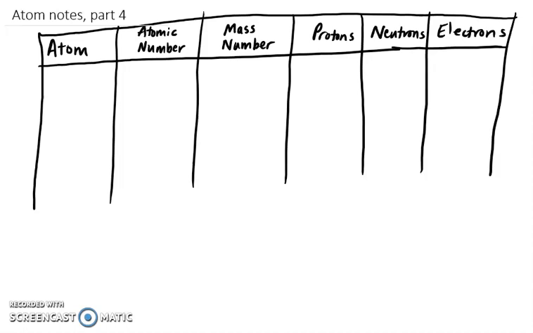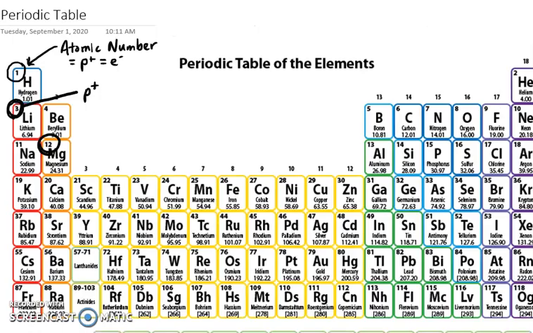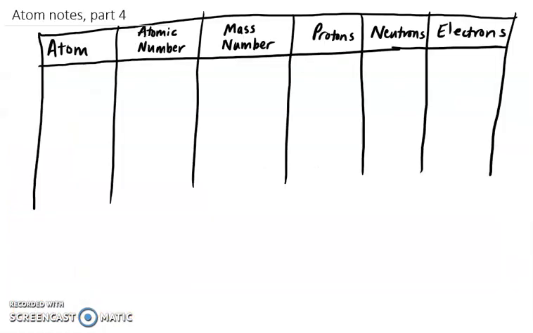Let's say I were to give you the atom, let's look at our periodic table. Let's do P31. Now remember, we learned this notation the other day. P-31, okay?